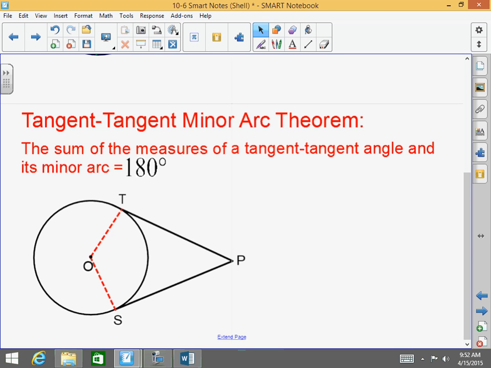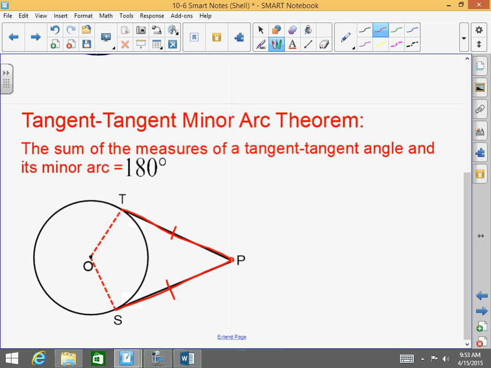Now, we know what tangent means. We already know that PT is tangent and PS is tangent. We know from a theorem before that PT will be congruent to PS, because when you have two tangents to the same circle originating from the same vertex, those two tangents are congruent.